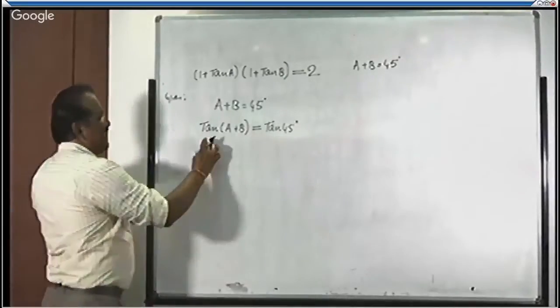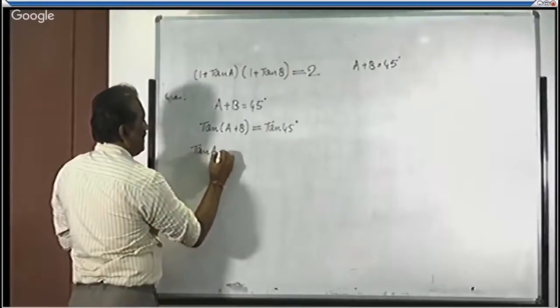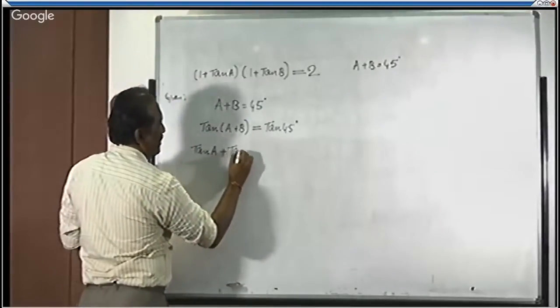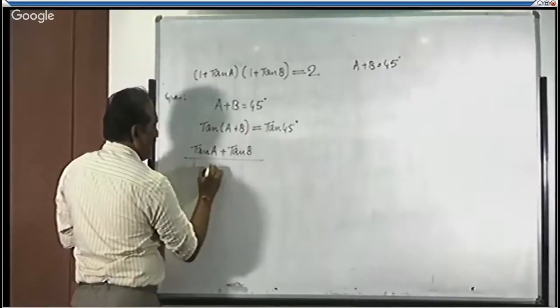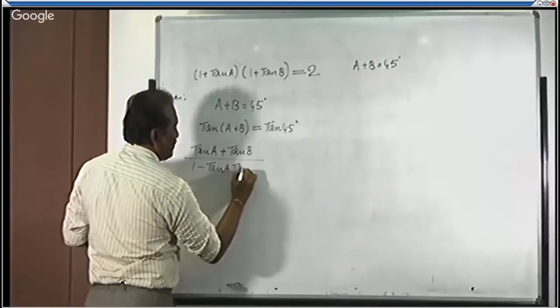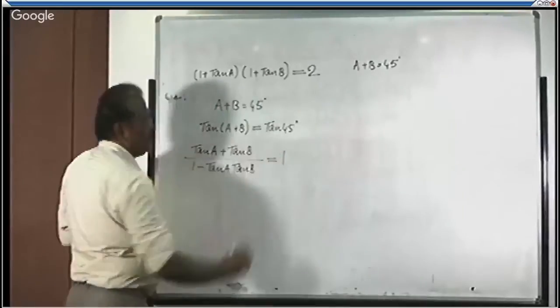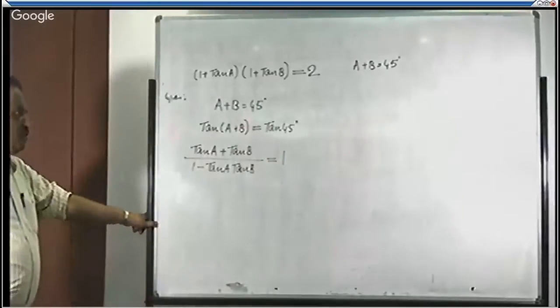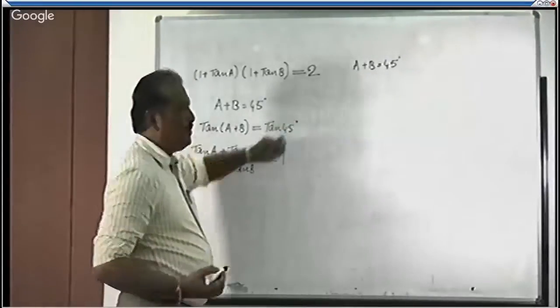Now we know that tan of A plus B can be rewritten as tan A plus tan B whole divided by 1 minus tan A tan B, right? But we know that the numerical value for tan 45 degree is equal to 1. Now you just cross multiply the denominator to the opposite side.